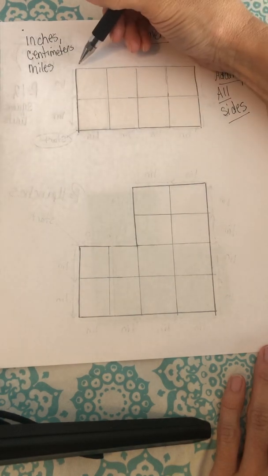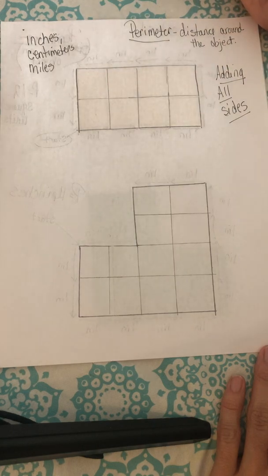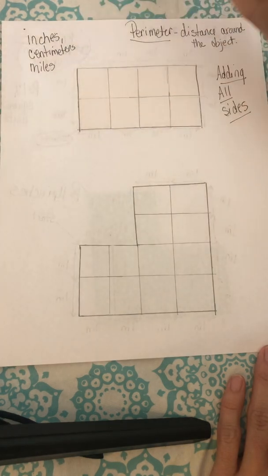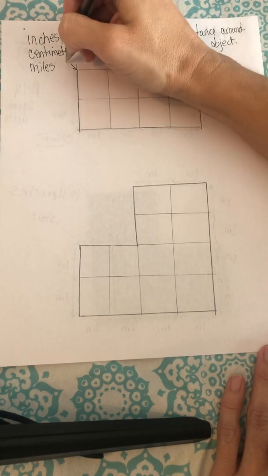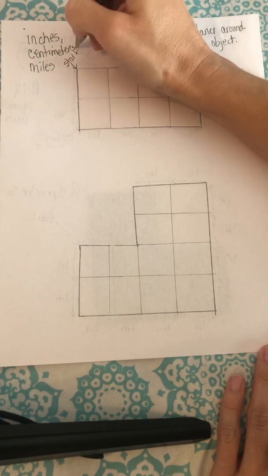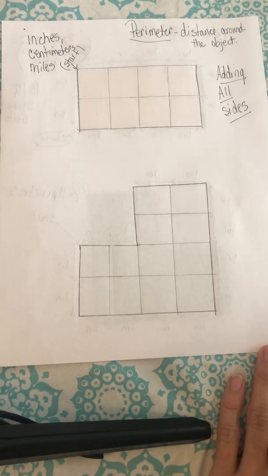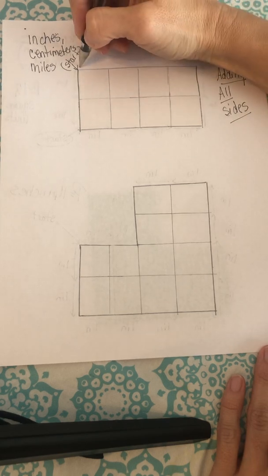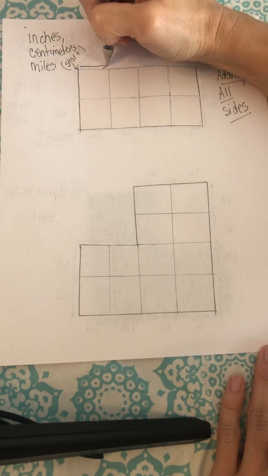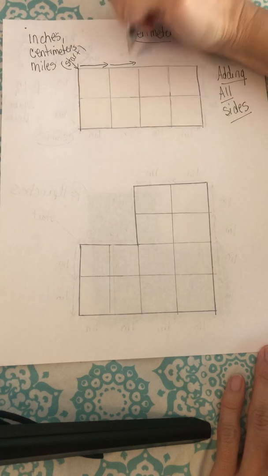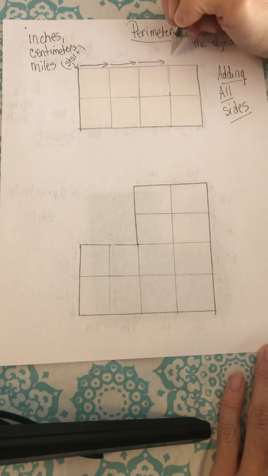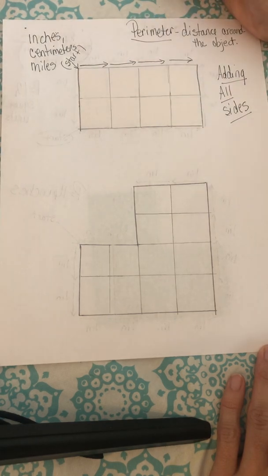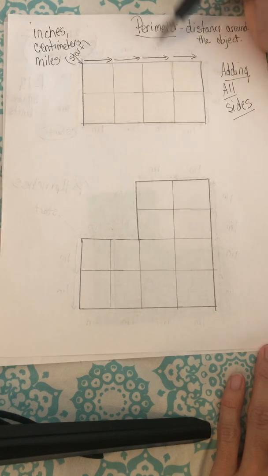So if we calculate the perimeter of this rectangle, first of all, what we would need to do to find the correct distance is find a starting point. So let's just make this our starting point, so we wouldn't calculate it twice. If we started at this corner and we would just walk along the edge, we would want to make sure we remember to only measure in inches.